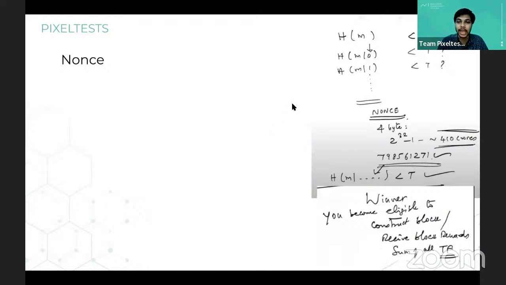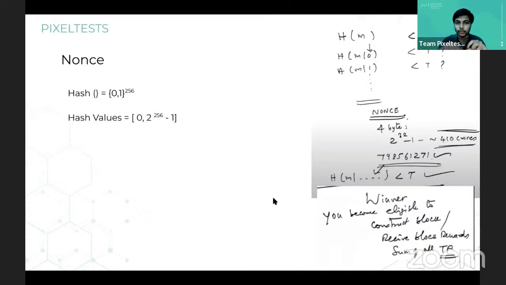Now, if somebody is trying to do a hash, if you are calculating in terms of binary zeros and ones, the length of the hash would be 256 bits, right? Which means the hash values range from 0 to 2 power 256 minus 1, because each bit could be either 0 or 1.